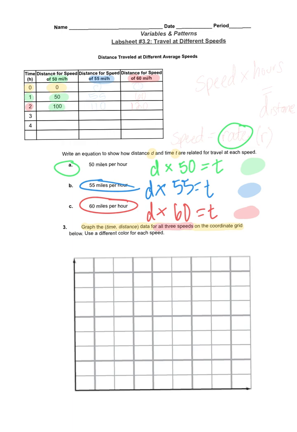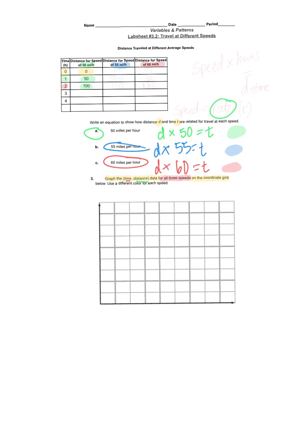So go ahead and grab those and you guys can make your graph together. Remember that time is your independent variable and distance is your dependent variable. So time should be going on the bottom. And distance should be going on the side.